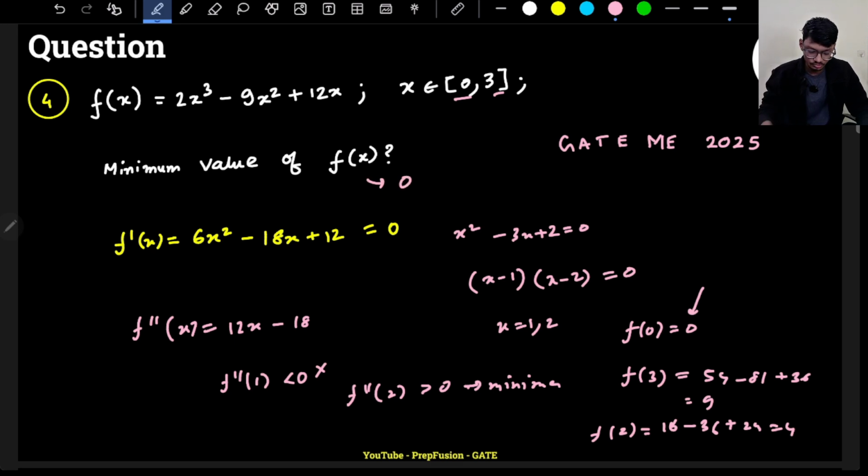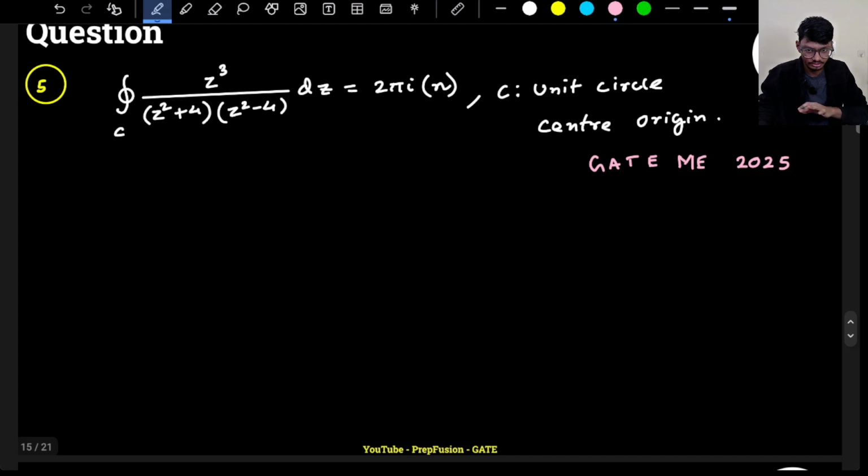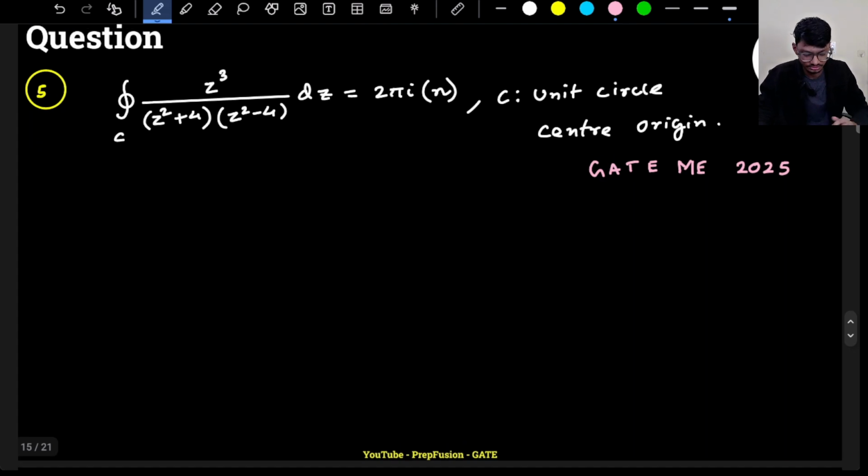This next question is again easy, although they have asked you to find the complex integration of this, which equals 2 pi i into n, about the contour unit circle whose center is at the origin. Not that difficult actually. If you just find the poles, they are at plus minus 2 and at plus minus 2i.